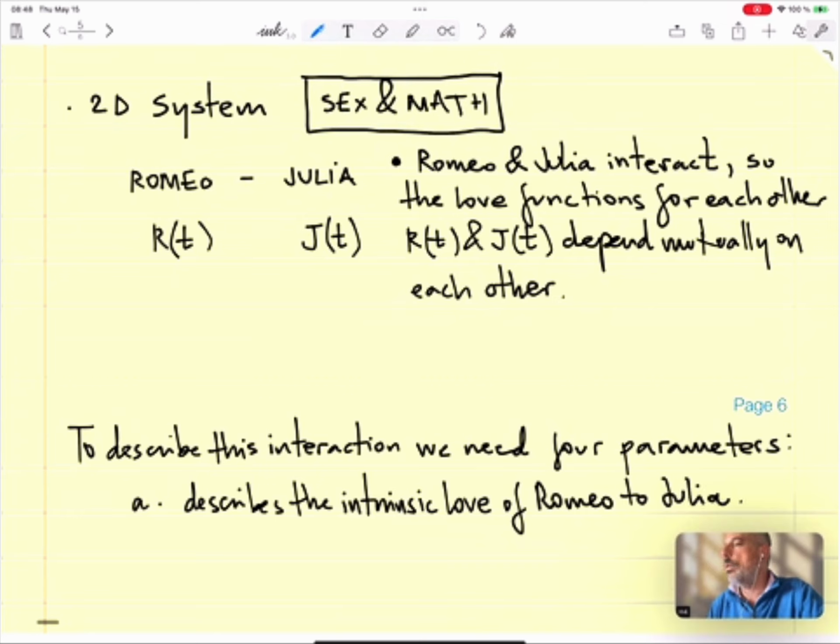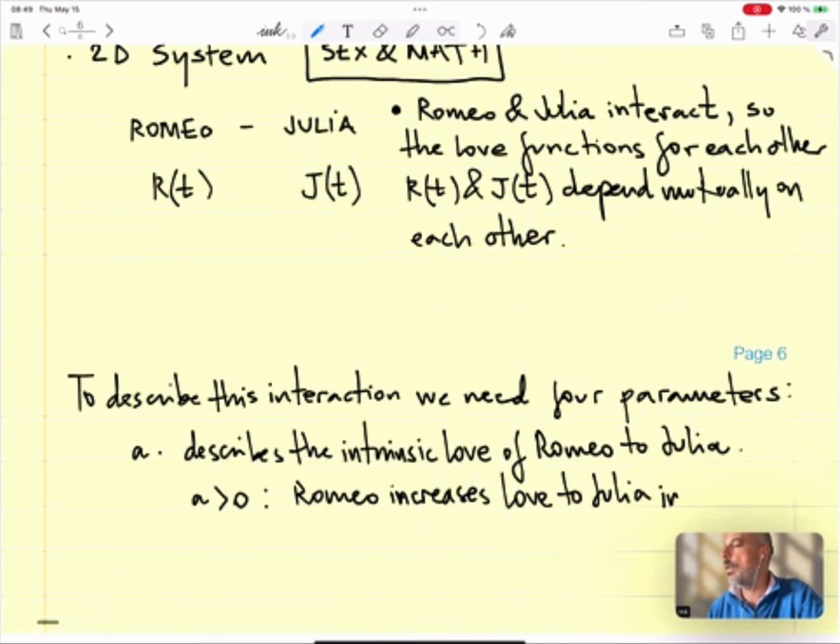So if A is positive, Romeo increases love to Julia independent of Julia.